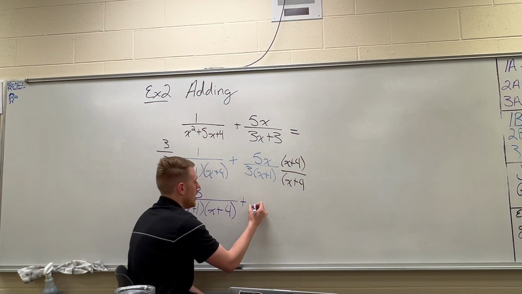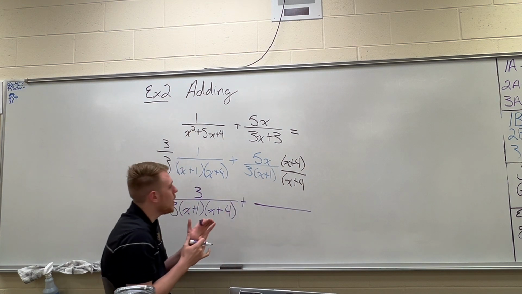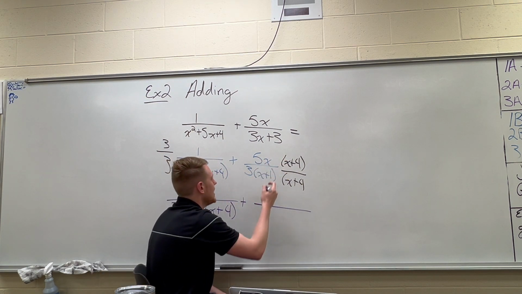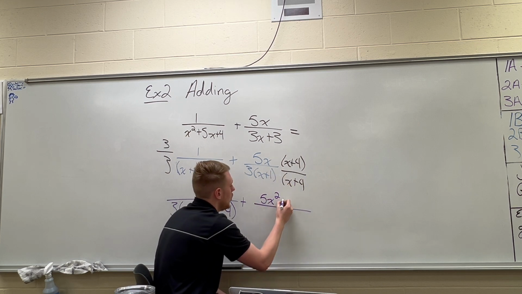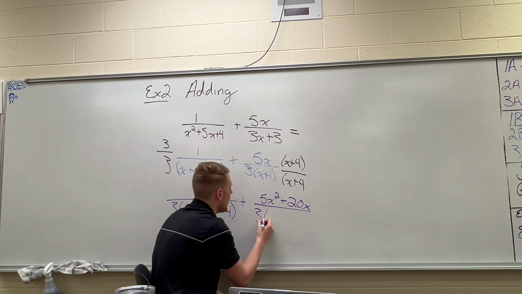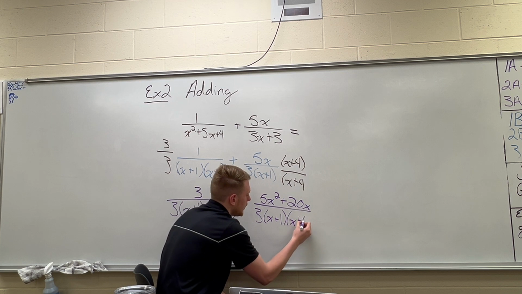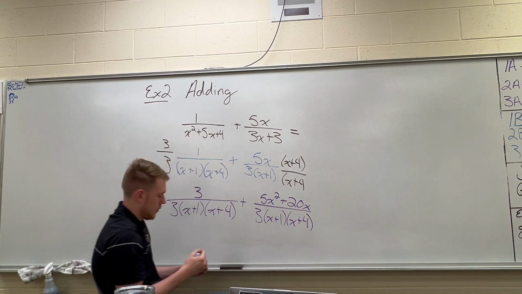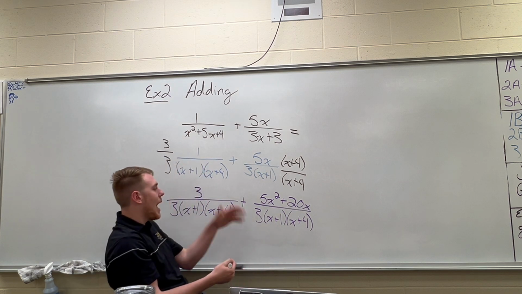Okay, and then you come over here. On top, you get 5x times x is 5x squared plus 20x over, and it's the same thing, 3, x plus 1, x plus 4. Okay? And this is the point where we now solve. We just add these together.